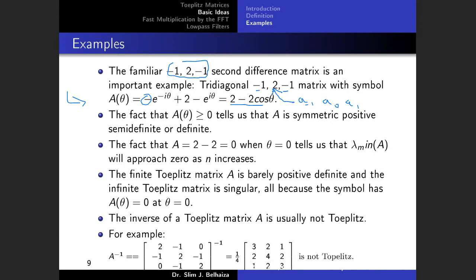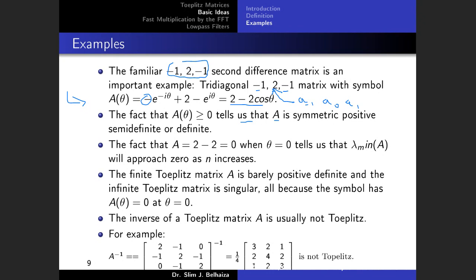real. Why is it real? Because this tridiagonal matrix is going to be symmetric too. And the fact that this A(theta) is always going to be positive. Why is it going to be positive? Because cosine theta cannot be larger than 1. This tells us that A is symmetric, positive semi-definite, or definite.